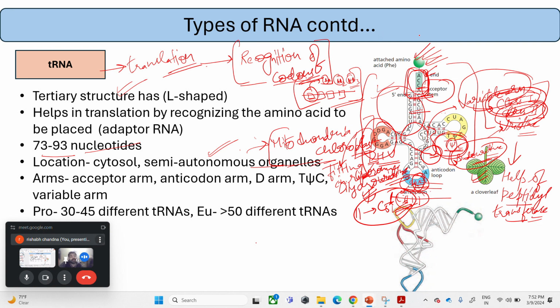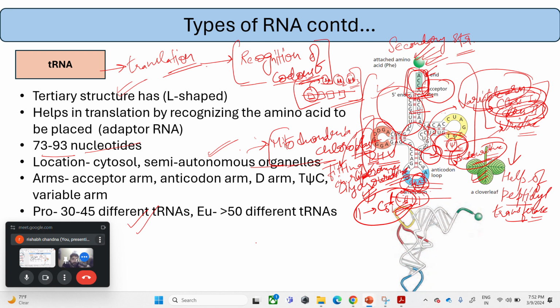This is called the secondary structure of tRNAs. Talking about the different types of tRNA in prokaryotes and eukaryotes, prokaryotes have 30 to 45 different tRNAs, based upon how many amino acids are needed for a particular protein.